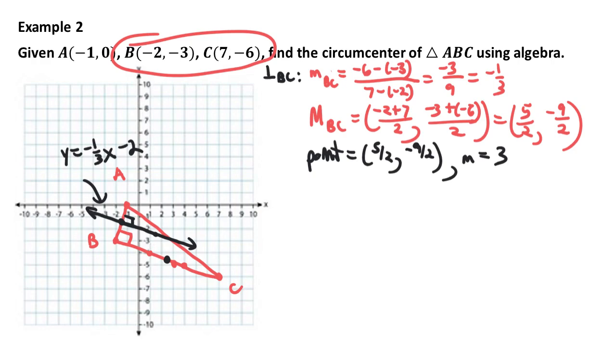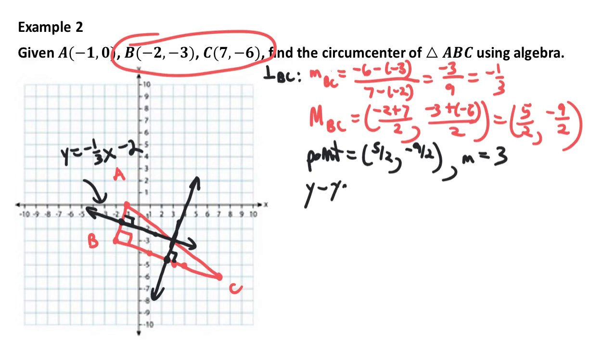Let's go ahead and just graph this. Starting from this midpoint that we've graphed, let's go up 3, 1, 2, 3 over 1, and we'll make that line. Yep, that's definitely the perpendicular bisector.